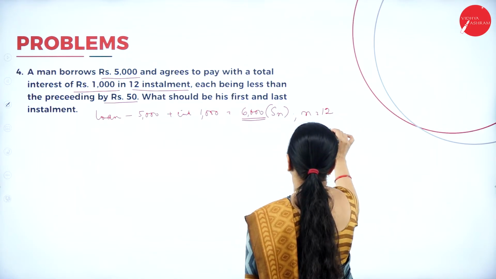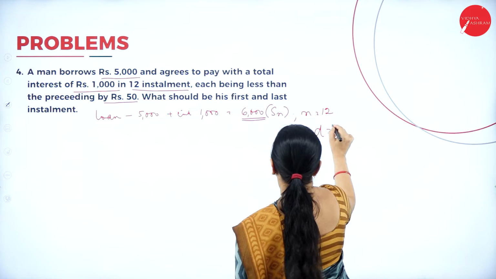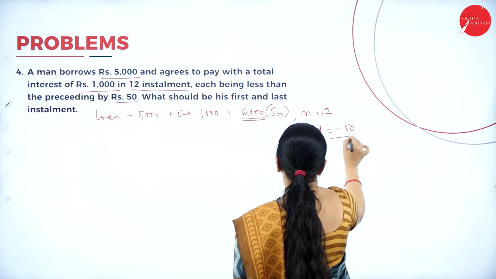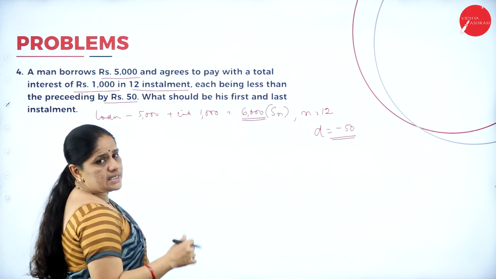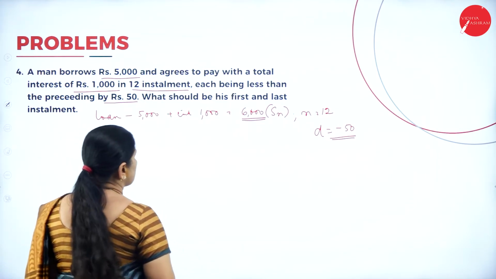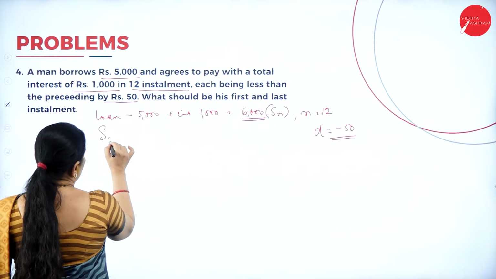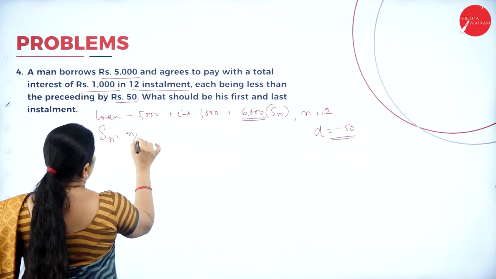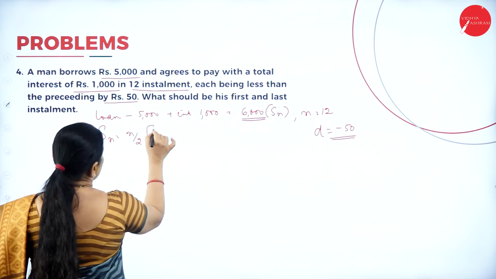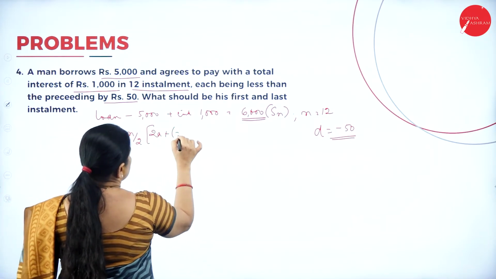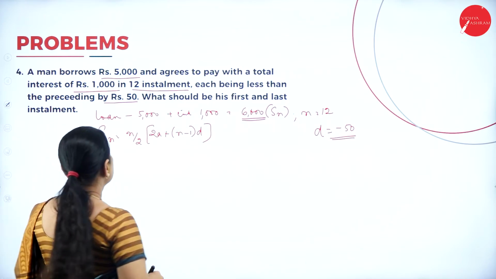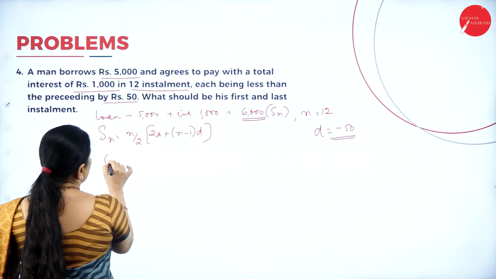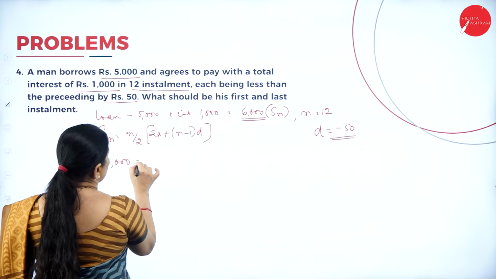And what will be D? So this is a problem on arithmetic progression. So every installment minus 50. He is reducing his installment by 50 rupees. So I use the formula Sn equals n by 2 into 2a plus n minus 1 into d. So Sn I know it is 6,000.